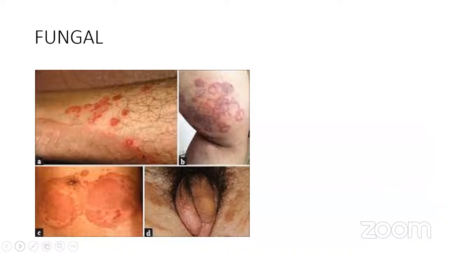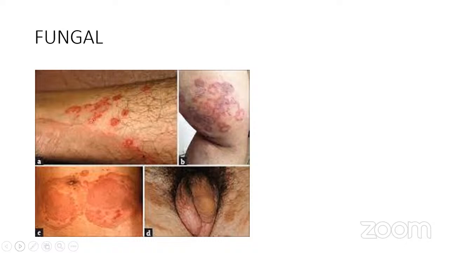Next, coming to fungal infections. The common fungal infection is tinea. The first 2 are the classical tinea, that is annular, raised, itchy lesions with central clearing. The second two pictures are like steroid modified tinea.